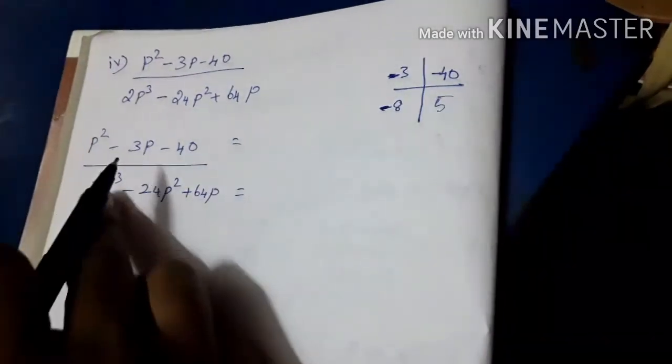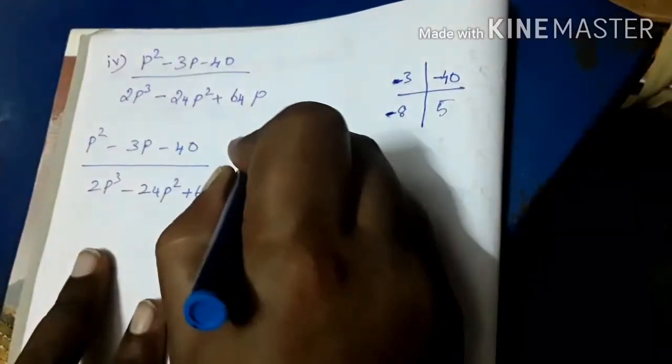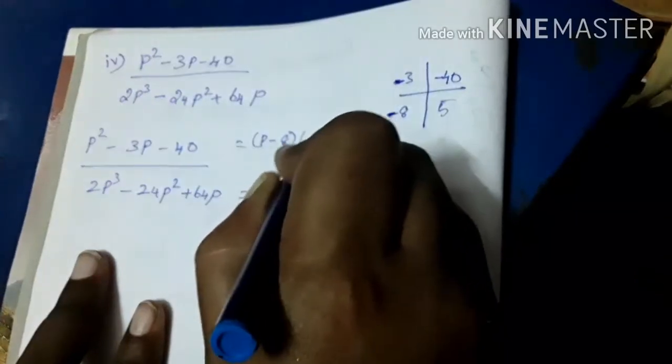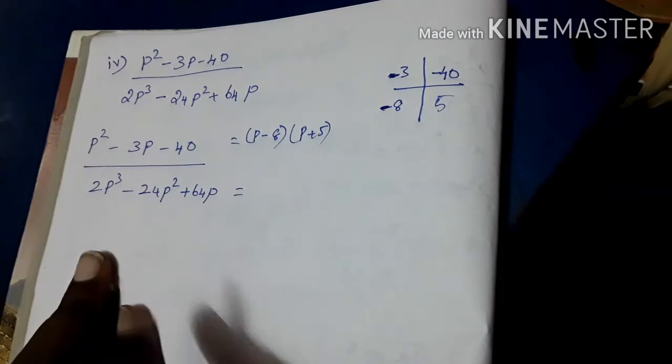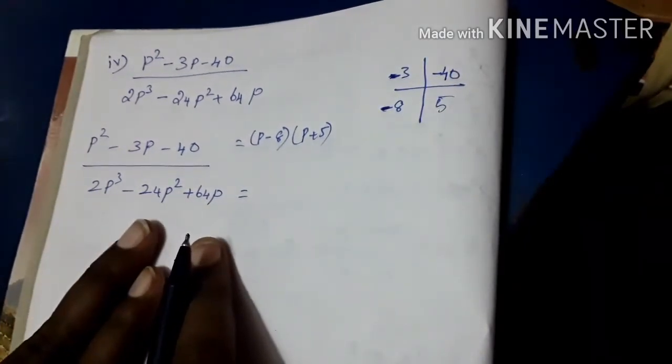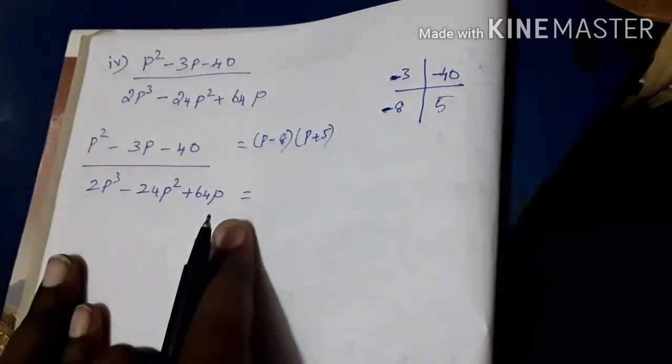So now what is the factorization of p square minus 3p minus 40? It is p minus 8, p plus 5. Next, 2p cubed minus 24p squared plus 64p. Here what can we take as common?